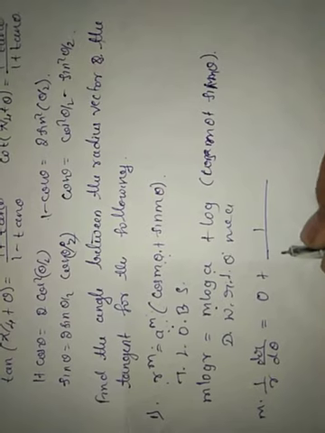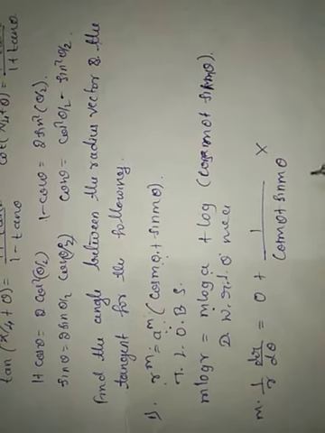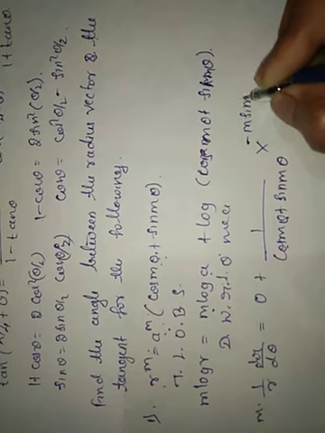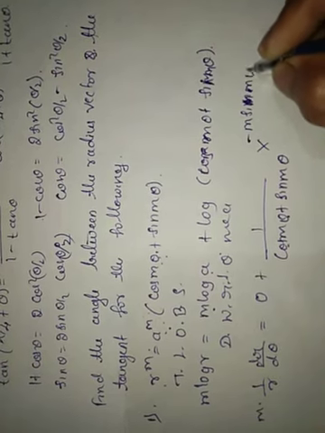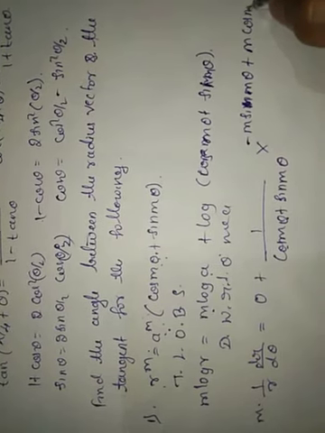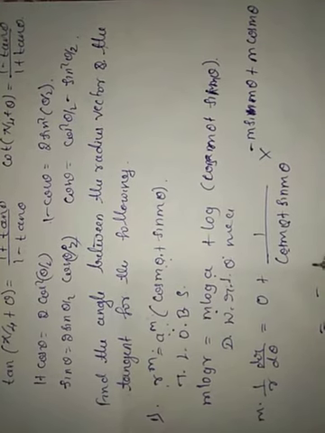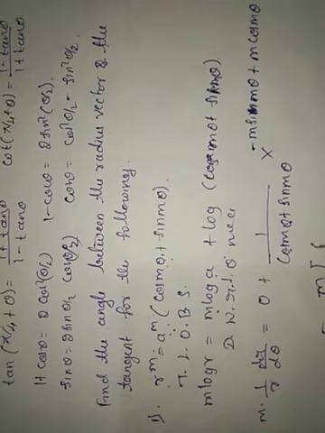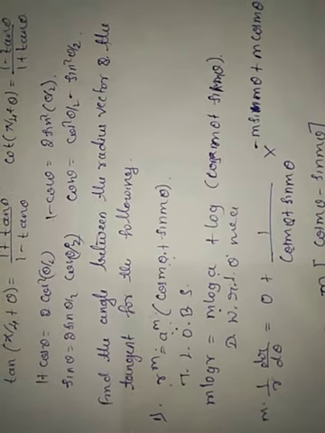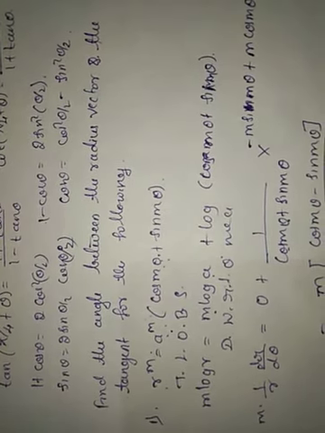Derivative of log is 1 by the function, cos m theta plus sin m theta, into the derivative of cos m theta, which is minus m into sin m theta, plus the derivative of sin m theta, which is m into cos m theta. Take m as common, take m outside. So the remaining is cos m theta minus sin m theta whole divided by cos m theta plus sin m theta.